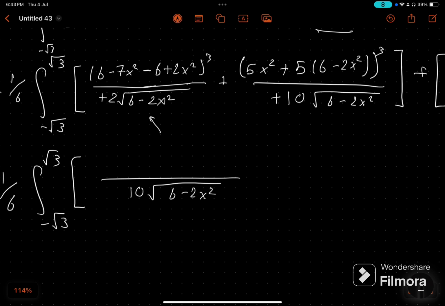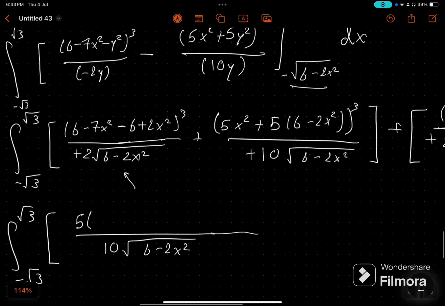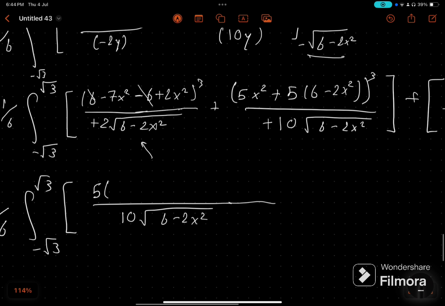Now we multiply this by 5 in order to get that. Then we have minus 7x squared. 6 minus 6 is just 0 here. And then minus 5x squared all to the 3.